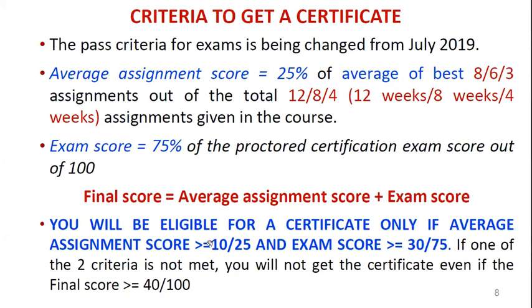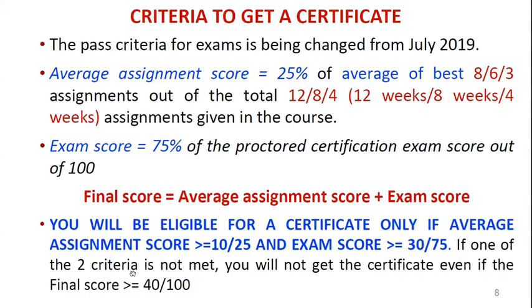Here the following condition needs to be fulfilled to be eligible for a certificate. You will get the certificate only if the average assignment score is greater than or equal to 10 out of 25 and the exam score is greater than or equal to 30 out of 75.